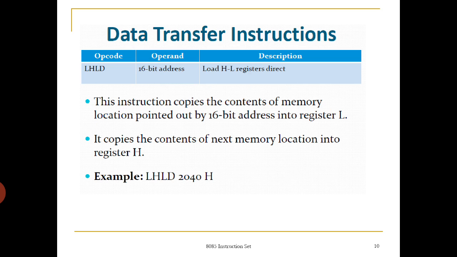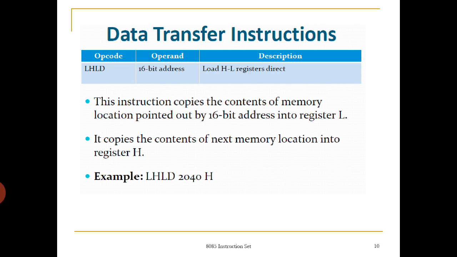Then the next data transfer instruction is LHLD. The operand is again a 16-bit address and it loads the HL register direct. These instructions copy the content of the memory location pointed out by the 16-bit address into register L, and the content of the next memory location into register H. Okay, so LHLD 2040.